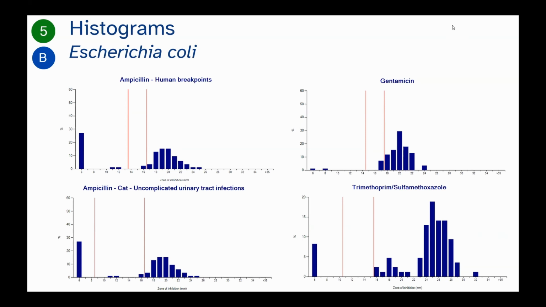In the lower right, we see trimethoprim sulfamethoxazole. We see 2 distributions in the susceptible area. We see some bacteria that are very susceptible with large zone diameters that are probably susceptible to both trimethoprim and sulfamethoxazole with synergistic killing.